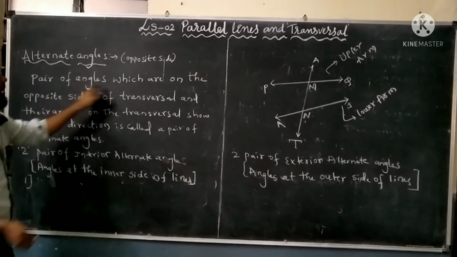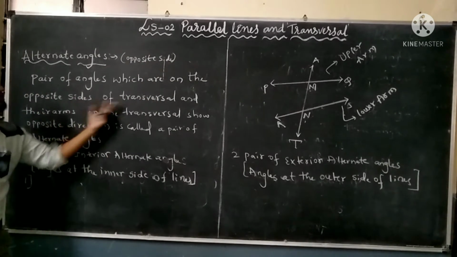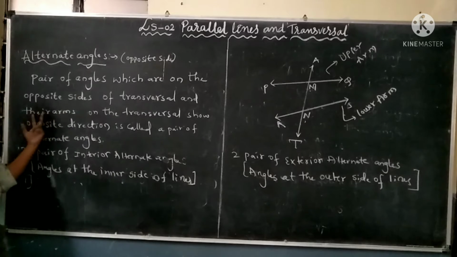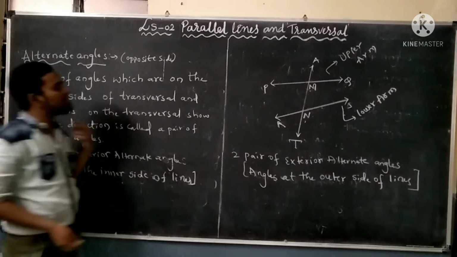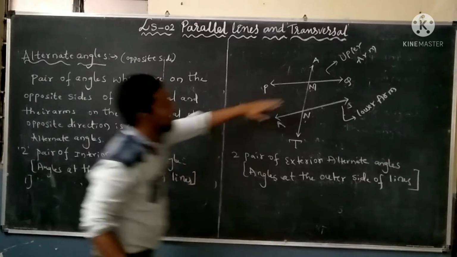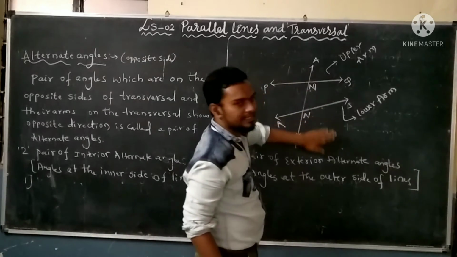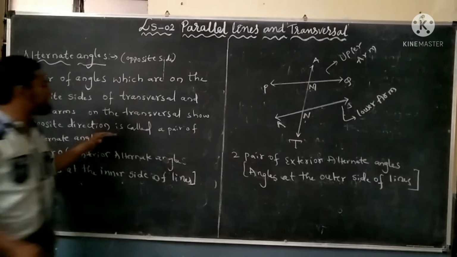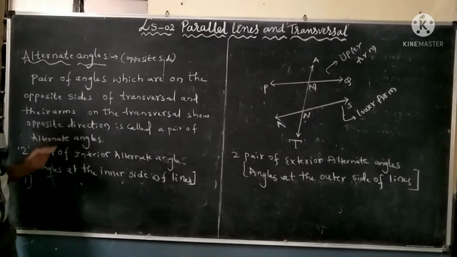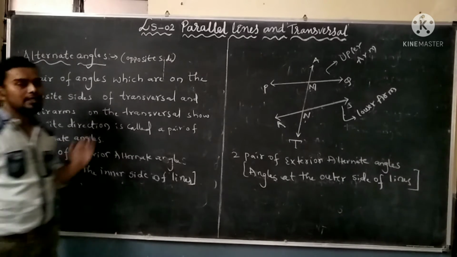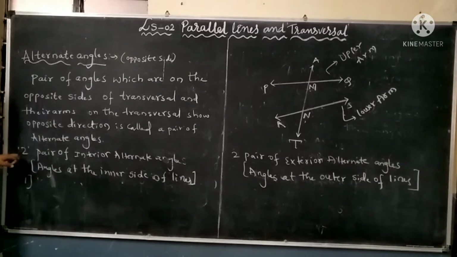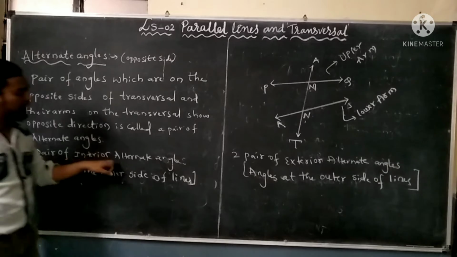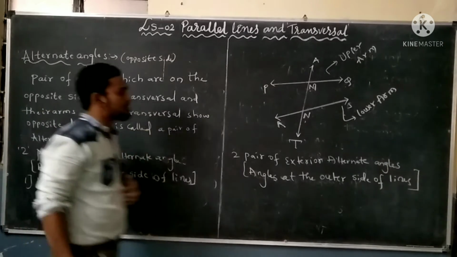A pair of angles which are on the opposite sides of the transversal, in the opposite direction, one on the upper arm and one on the lower arm, is called a pair of alternate angles. Here there are 2 pairs of interior alternate angles.